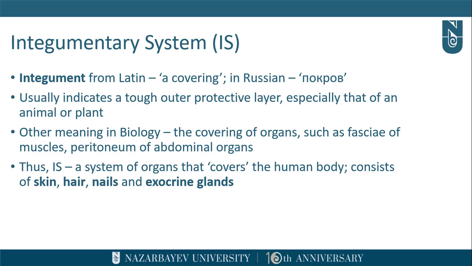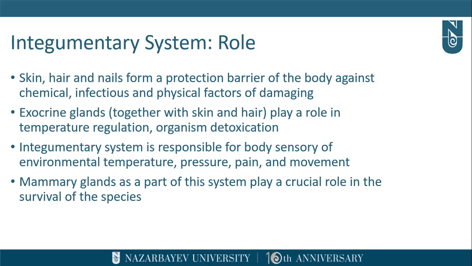So the integumentary system consists of four types of structures in the human body, that is skin, hair, nails, and exocrine glands. And overall, they all form a barrier for protection against different physical, chemical, and infectious factors.